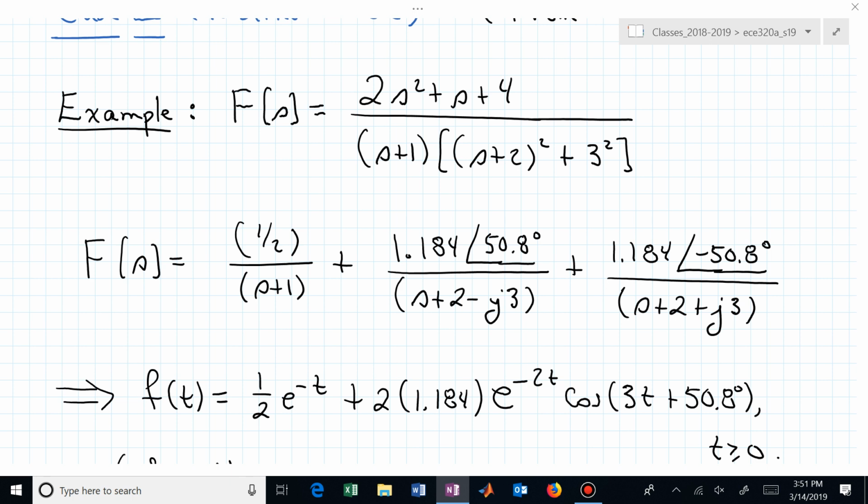It's the factor associated with the pole that's in the upper half of the complex S-plane. And you can see that that's this middle term because s equal to minus 2 plus j3 causes that term to vanish. When you solve for that coefficient, here it's 1.1 at an angle of 51 degrees. That's the one that you use in the time domain equation.